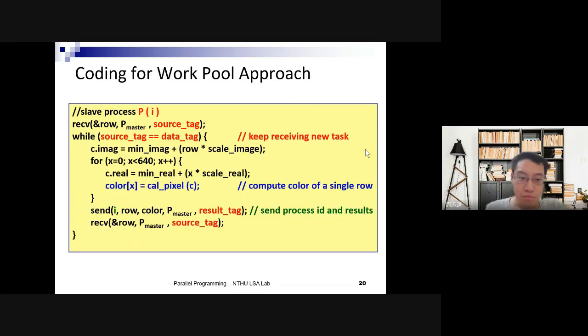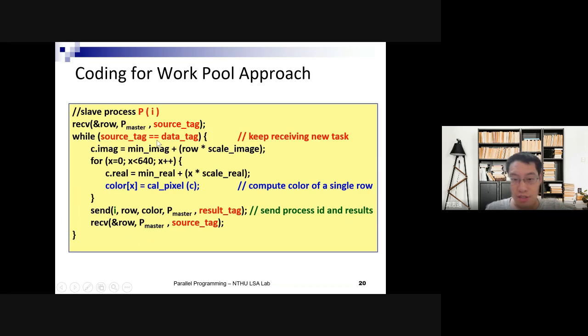Okay. For the slave, it is pretty straightforward, right? Very similar to before. It simply tries to receive a task, and after you receive the task, you will try to identify whether it's a termination token or a computation task. If it's a termination token, you will just exit the while loop and finish.